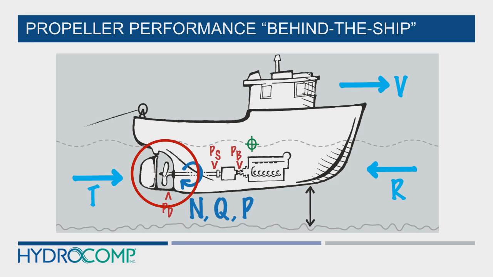But what we're doing here is really describing how the existence of a ship and upstream structure and downstream structure, like a rudder, actually affects what the propeller sees and its overall performance.